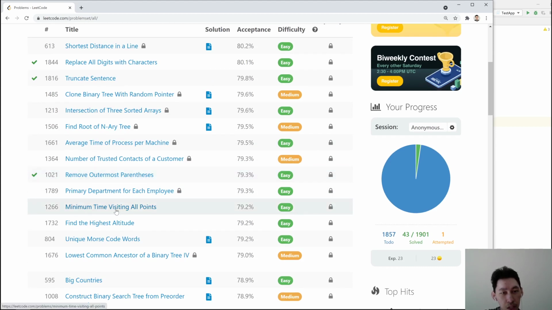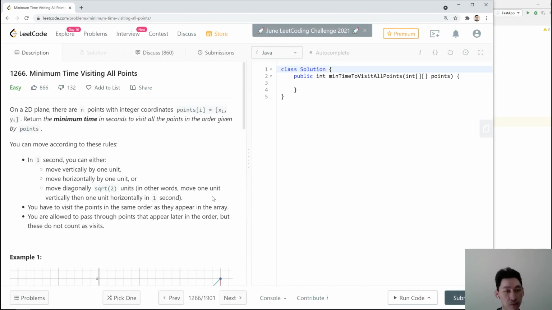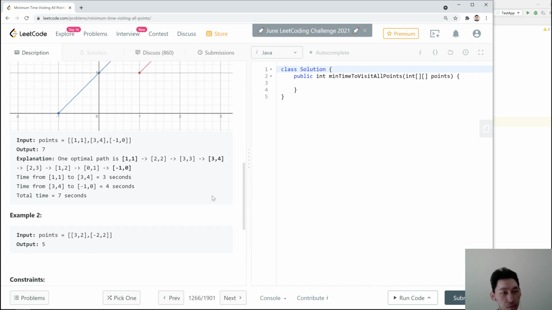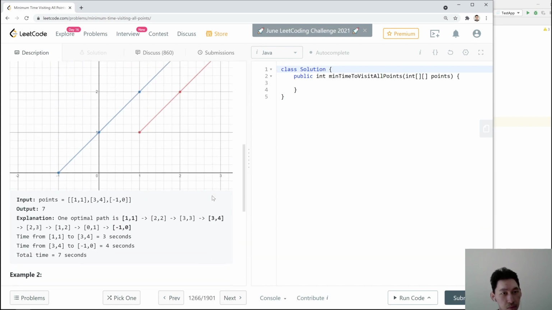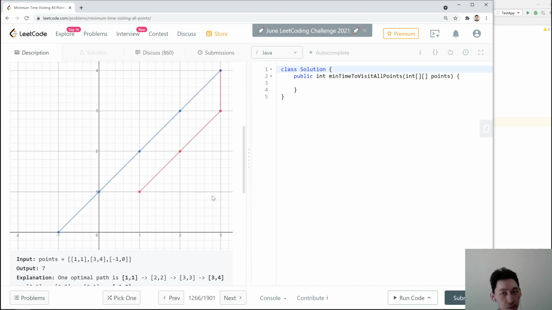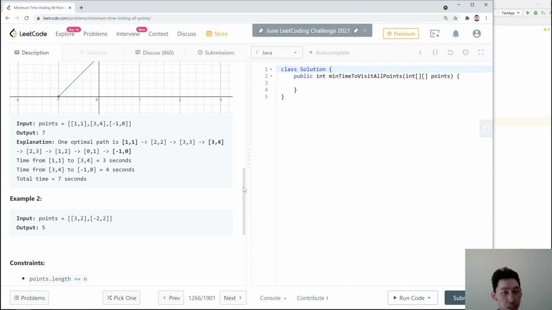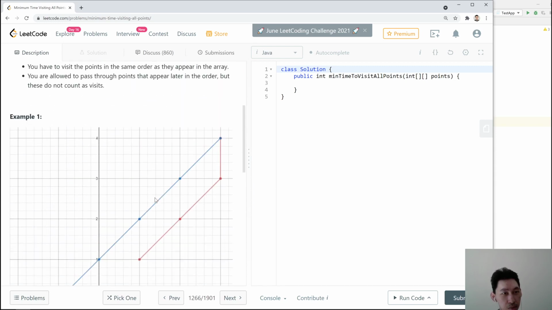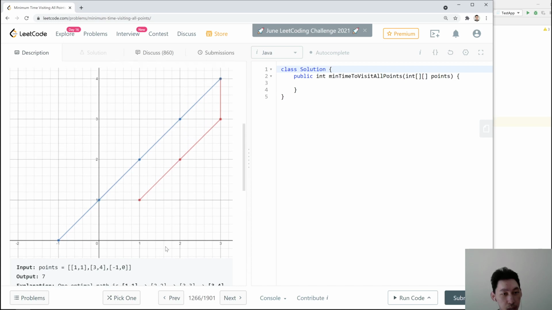Minimum time visiting all points. What's that about? This time, let's just read the example first and then read the description. So the example is point 1, 1.